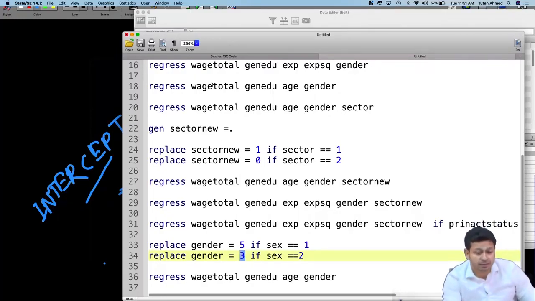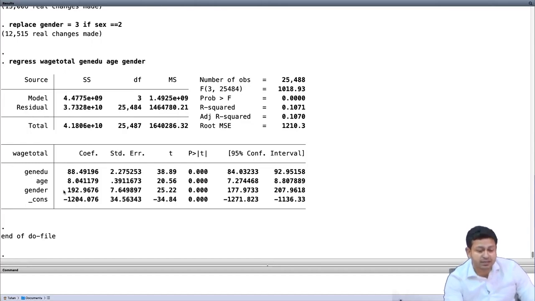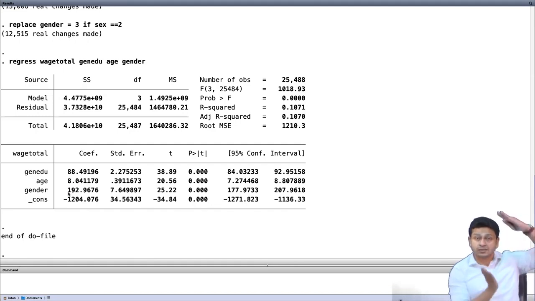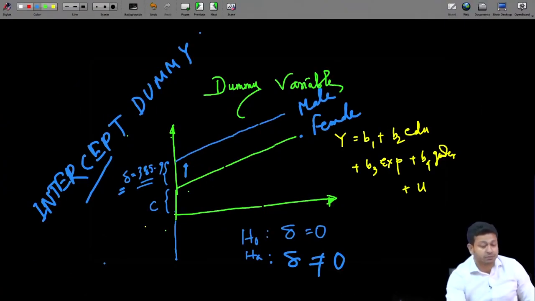What the program has done is, you remember, the coefficient means the impact per unit change. So it is saying that you have changed 2 units, but the per unit change is 192.96. Which means that if you multiply that by 2, it will give you the full difference between male and female: 192.9 into 2 is basically the same value that we got, 385.9.